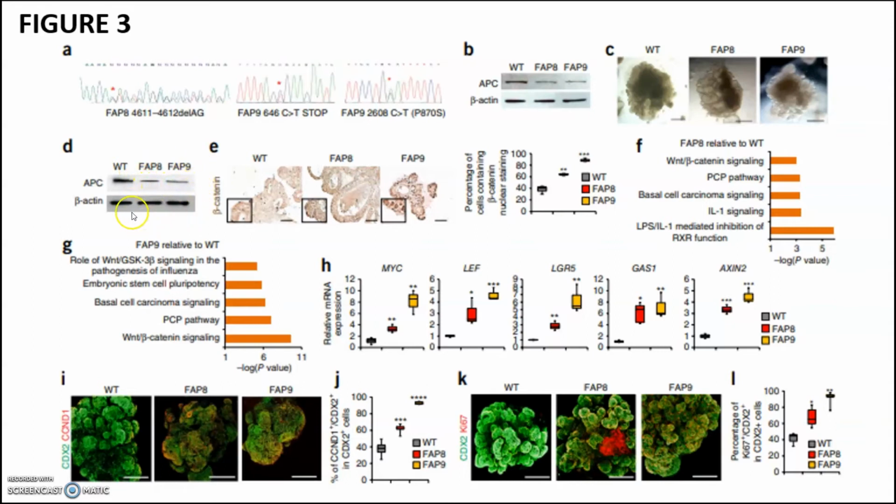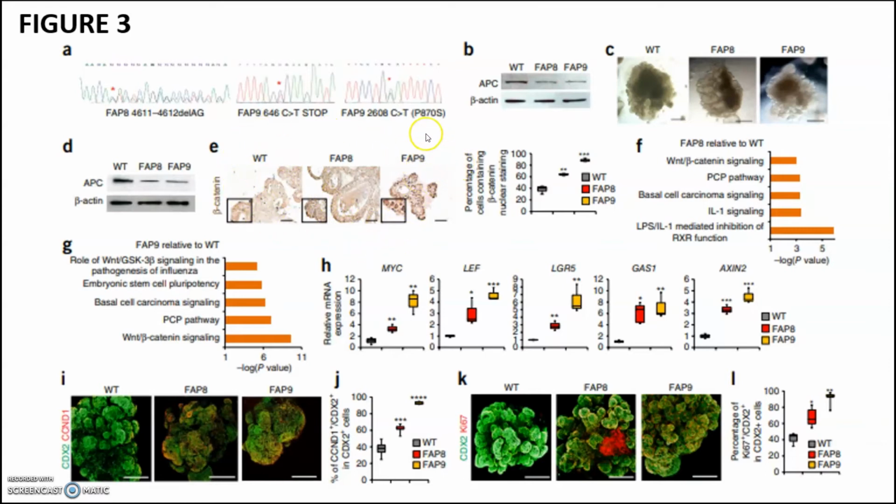Then we go to figure 3E, where you can see that there was enhanced staining of beta-catenin in the nucleus of the FAP colonies versus our wild type. And this was consistent with the activation of the Wnt pathway.